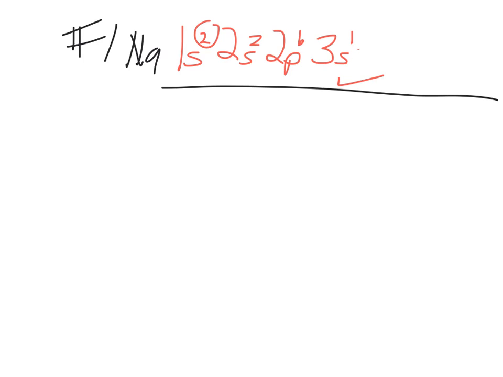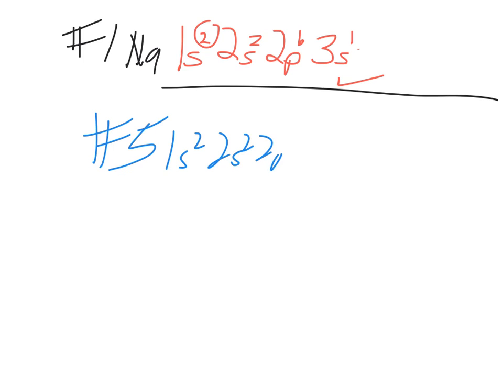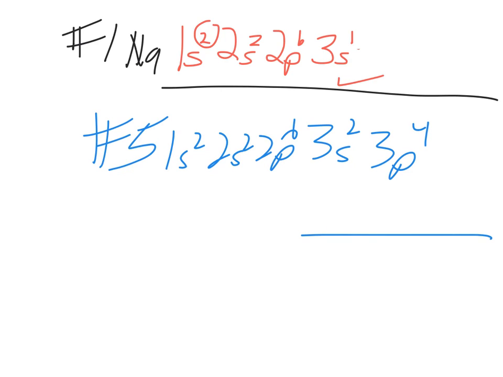Now look at number 5. They're giving you the whole entire configuration: 1s2, 2s2, 2p6, 3s2, 3p4. Now you have to tell me what element that is. Sulfur.